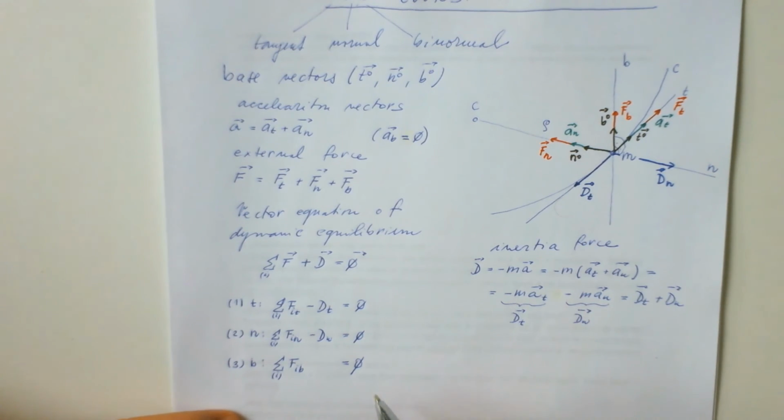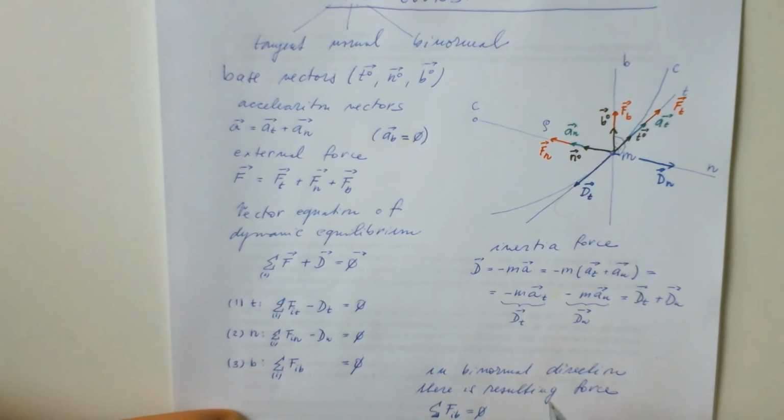So in binormal direction there is resulting force, sum F_E_B equal 0.